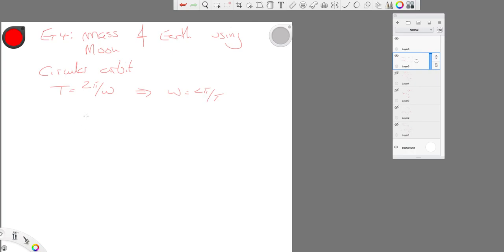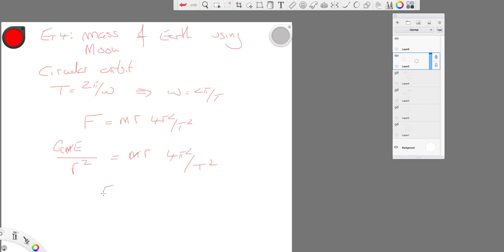We know the centripetal force, m r omega squared. And we know that this is the gravitational force. So this is G, mass of the Moon, mass of the Earth, over the radius of the orbit squared. And of course, the mass of the Moon falls out.